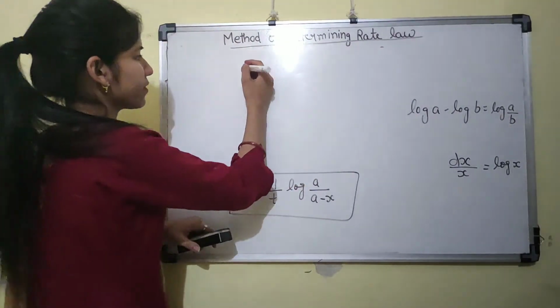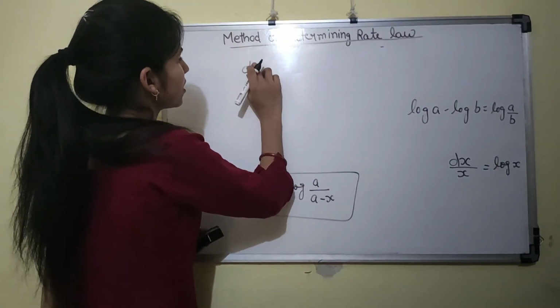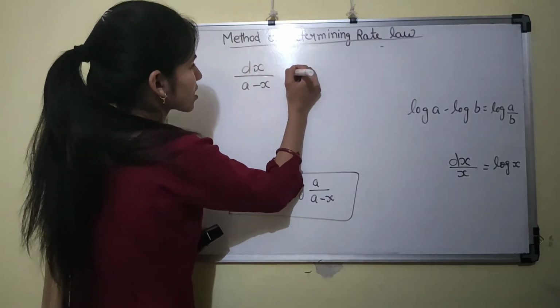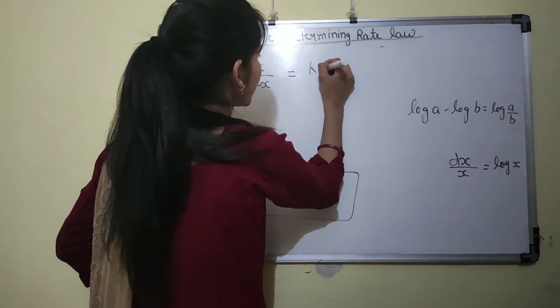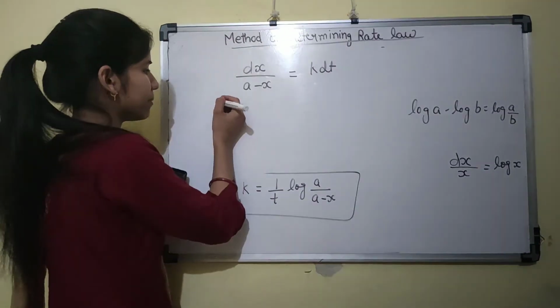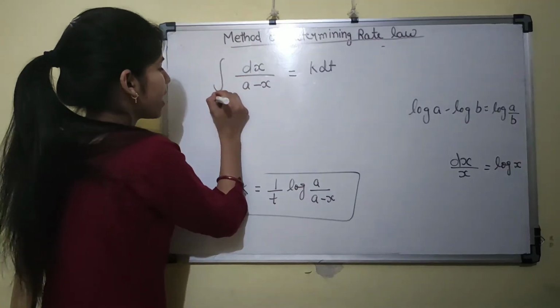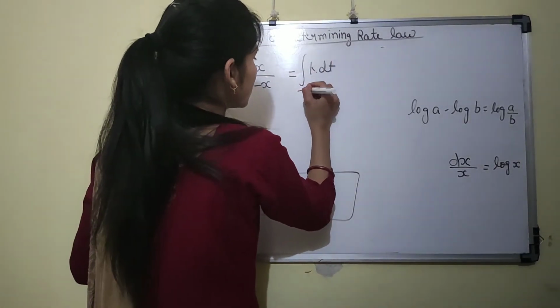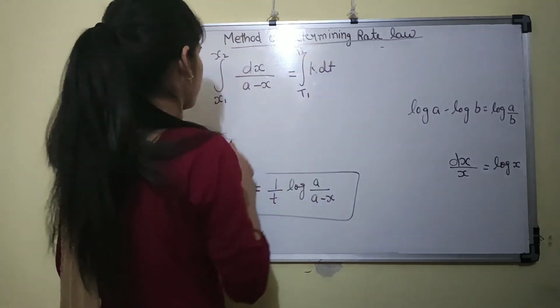Now from equation 1, that is dx divided by A minus x is equal to k dt, integrate this equation in proper limits, that is x1 to x2 and from t1 to t2.